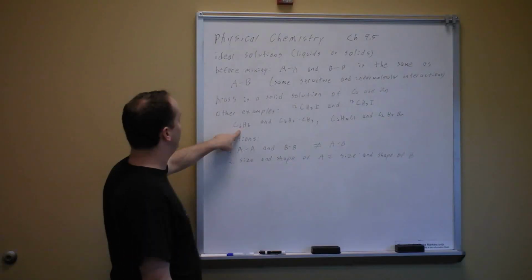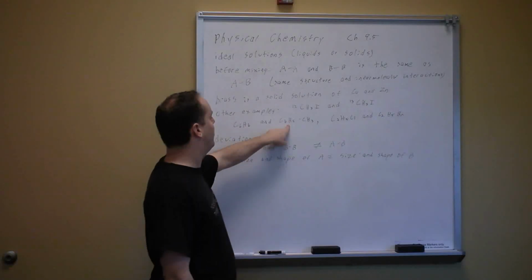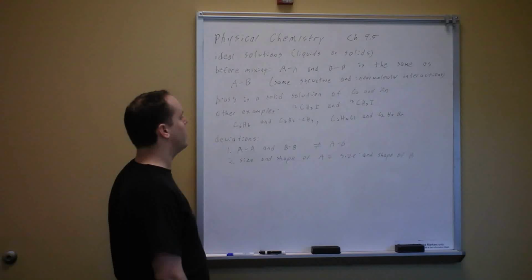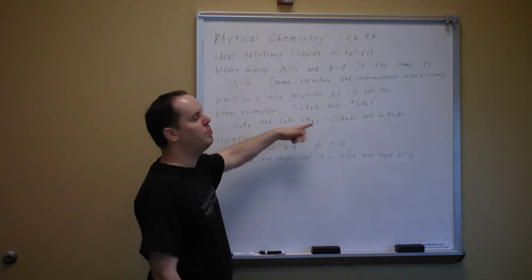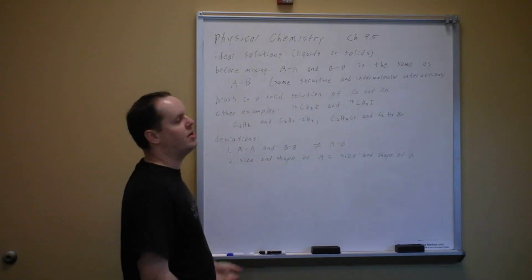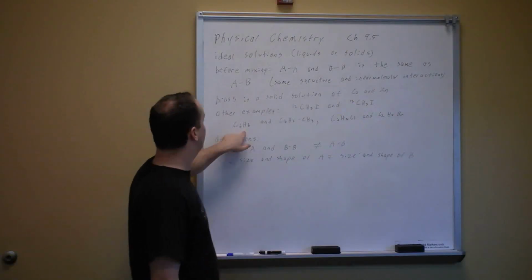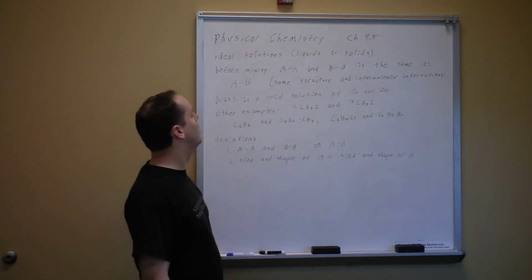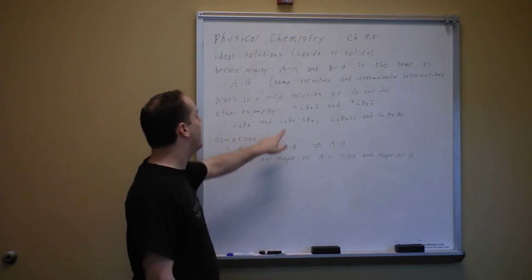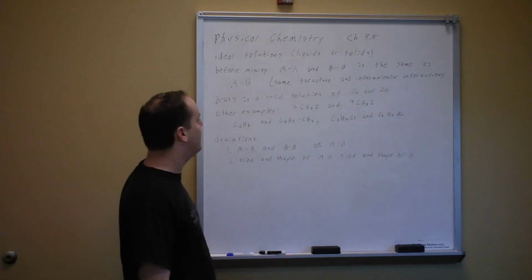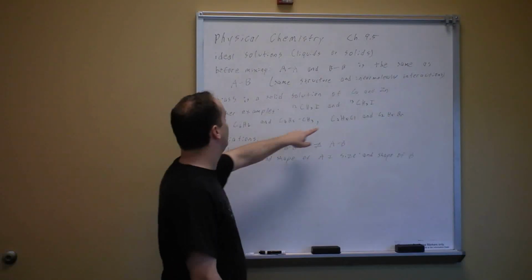Likewise, if we have, let's say, some hexane, or some hexane but with an extra methyl group off the side or the end anywhere. Well, this one methyl group is kind of like hydrogen, just bigger, but it's still roughly the same shape. So a mixture of hexane and methylhexane would be an ideal solution.